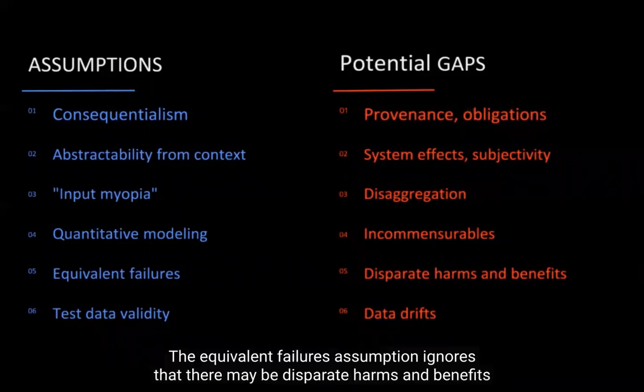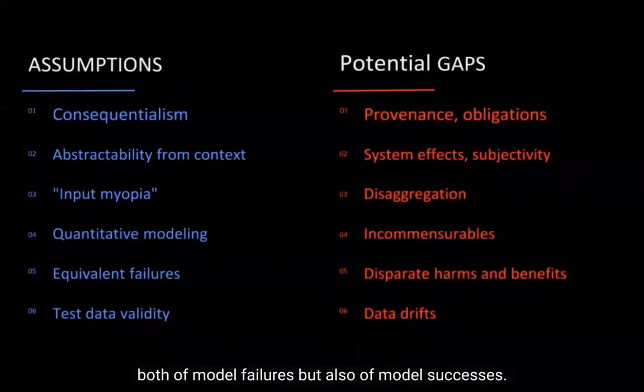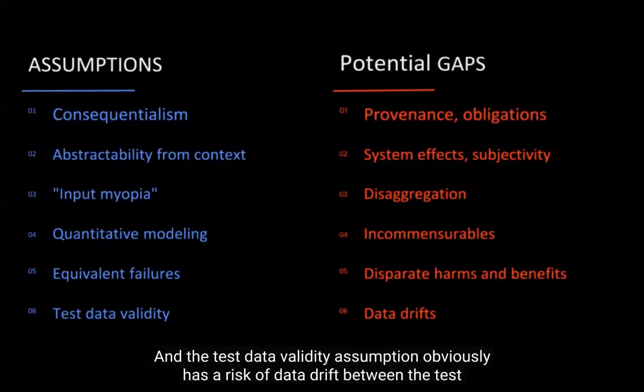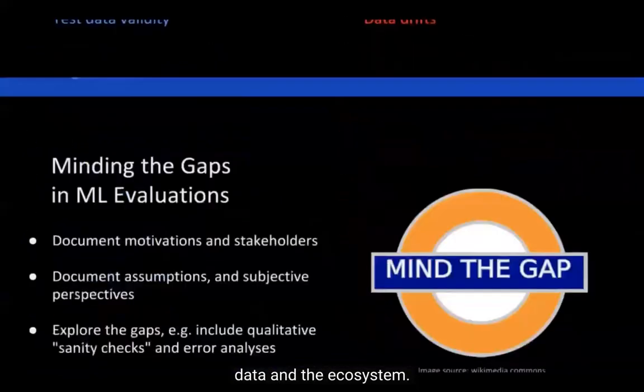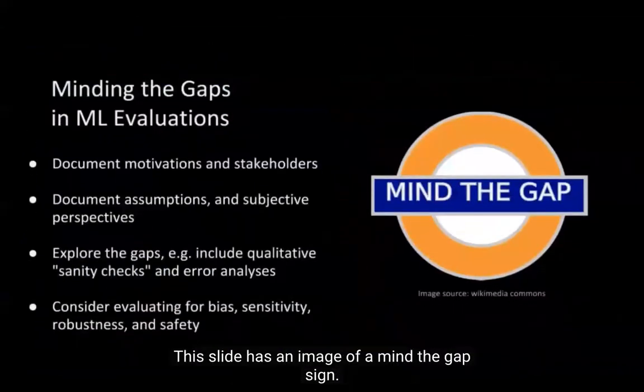The equivalent failures assumption ignores there may be disparate harms and benefits both of model failures, but also of model successes. And the test data validity assumption, obviously, a risk of data drift between the test data and the ecosystem. This slide has an image of a mind the gap sign.